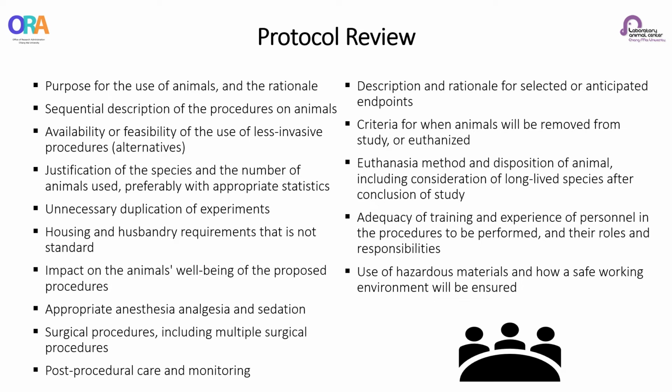This slide shows many points of concern about the use of animals in research, such as purpose for use of the animal, sequential description of the procedure on the animal, justification of the species, number of animals, unnecessary duplication of experiments, how to husband the animal, impact on the animal well-being of the proposed procedure, criteria for when an animal will be removed from the study or euthanized, euthanasia method and disposition of animals, including consideration of long-life species after conclusion of the study.